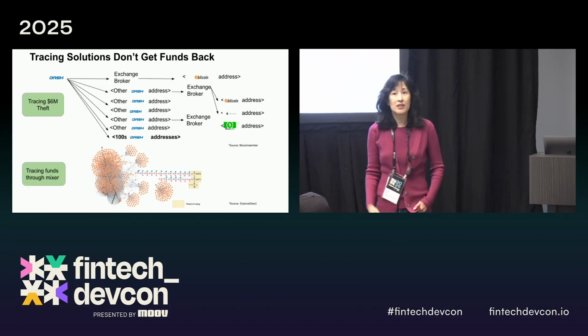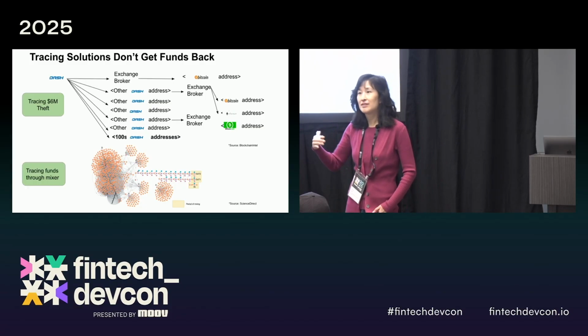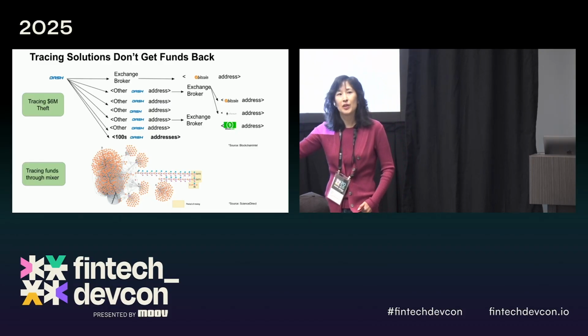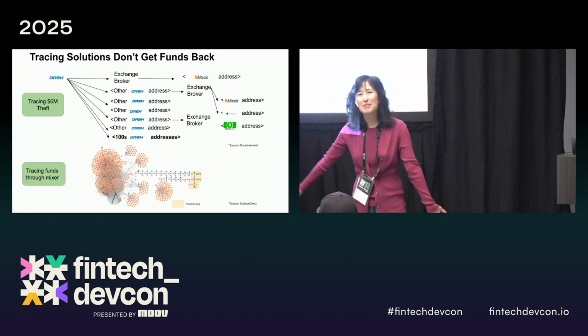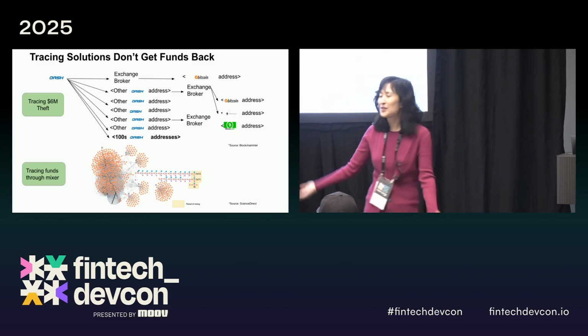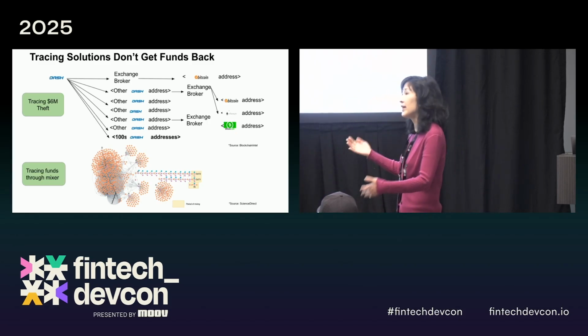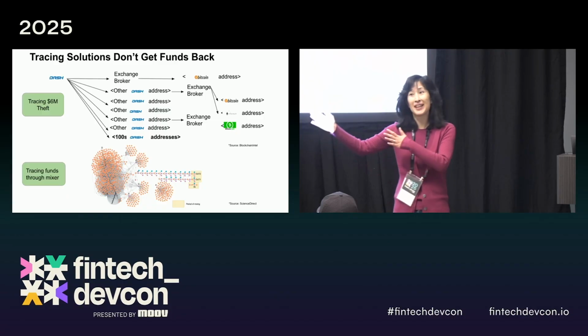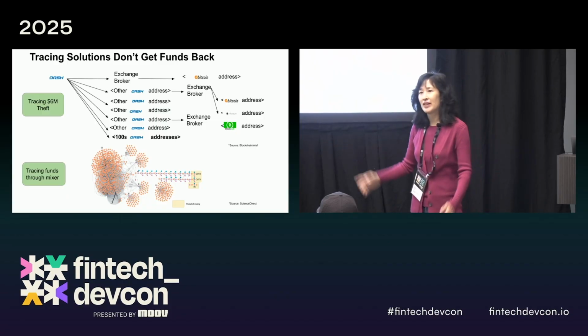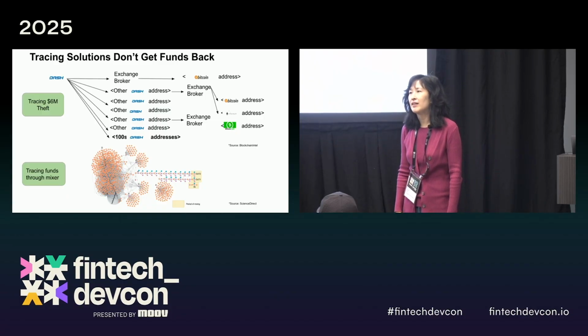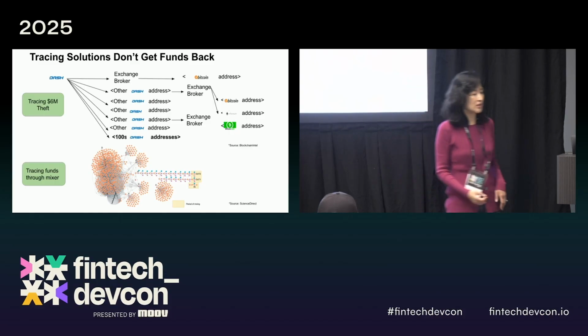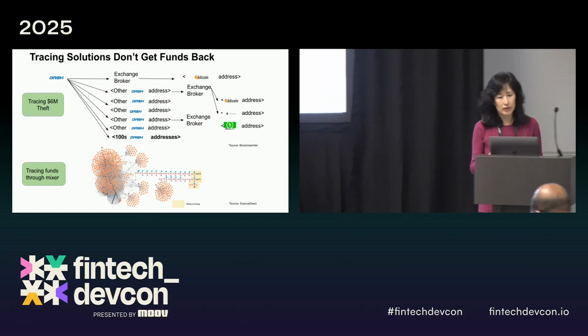Now, the problem is the US didn't have official relationships in that country. And so no matter how much proof we had, we couldn't get those funds back. And unfortunately, the hackers know how to do that, right? They know how to move their money out to a place where the US does not have jurisdiction. And it's just heartbreaking for the people who lose their funds.